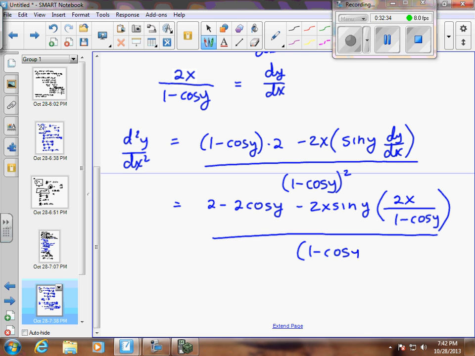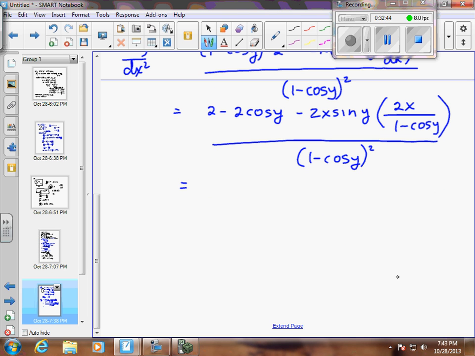And then we need to get a common denominator in the numerator. What would the common denominator be? Okay, this is going to be awful. This is what happens when I make up a problem. Look, 1 minus cosine y under that, and 1 minus cosine y under this part.